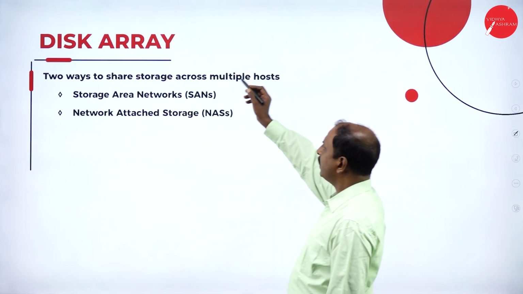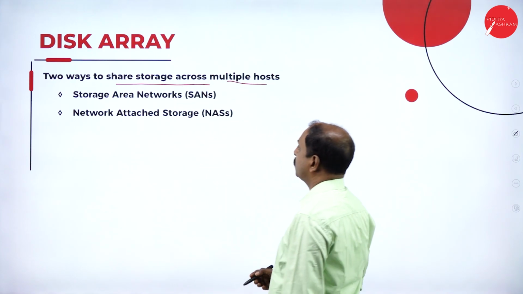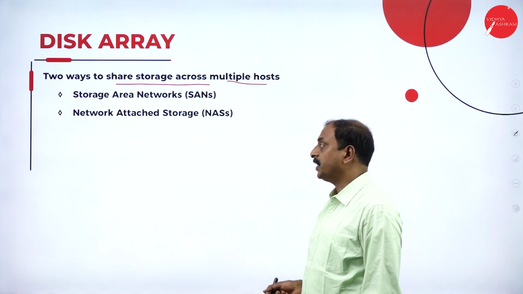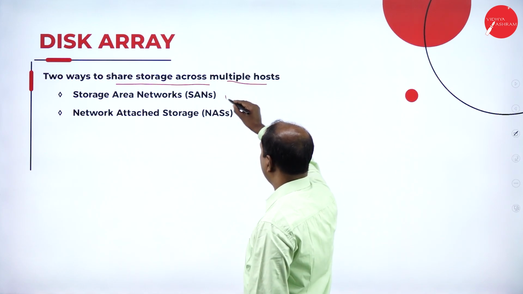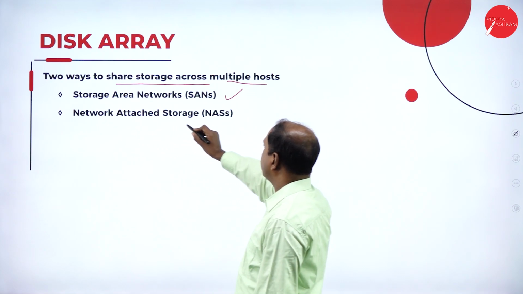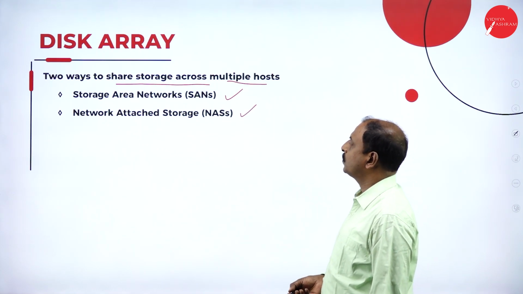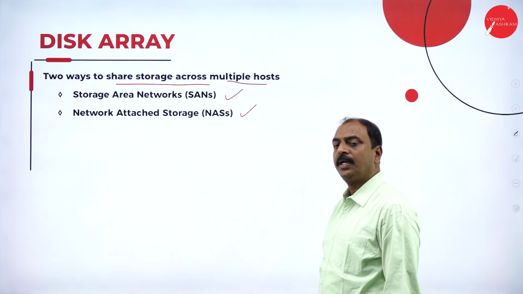So this is the definition of a disk array. Now, in a disk array, there are two ways to share storage across multiple hosts through virtualization. One is SAN, storage area network, and the second one is network attached storage, or NAS. These are the two ways we can share the storage devices.